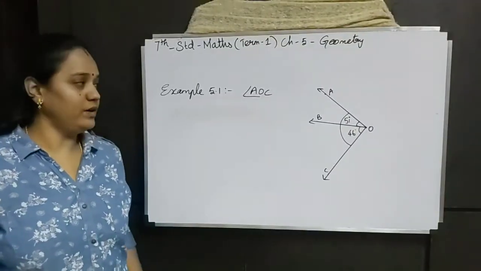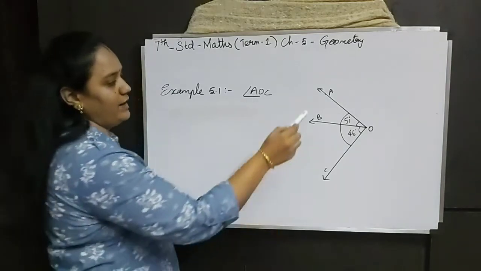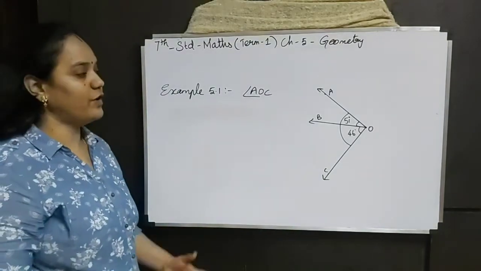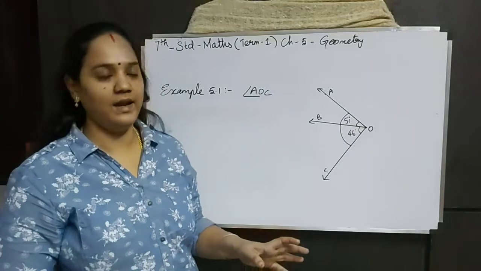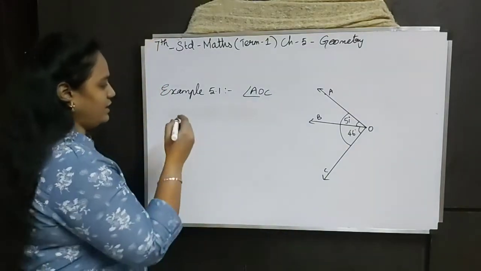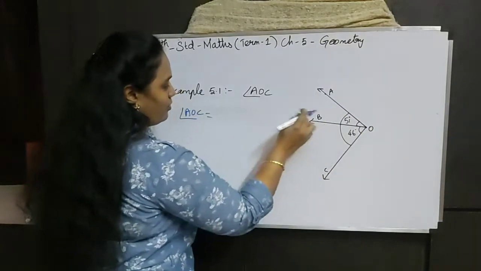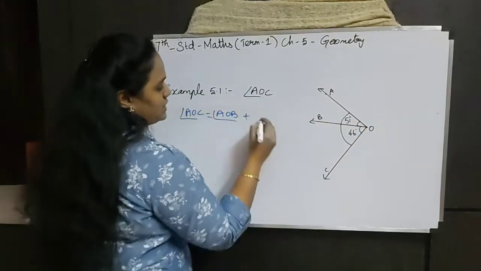Is it clear? So this is known as vertically opposite angles. Example 5.1. Find the angle AOC. That is the whole angle we have to find out. So for that, what can we do? We can add these two angles together, right? So AOC is equal to angle AOB plus angle BOC.